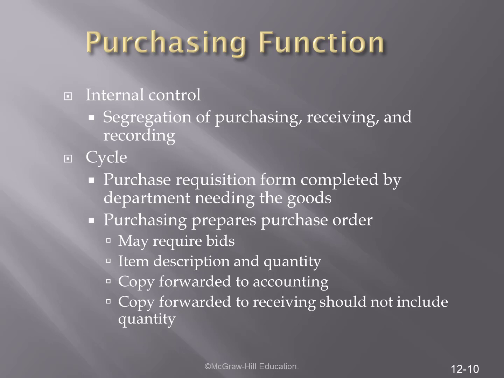be paid. You notice that there is a segregation between purchasing and receiving. The receiving department is going to receive the goods. They're going to record the receiving of these goods so that when the invoice is received, accounts payable is able to validate that yes, the item was ordered at a specific quantity, at a specific price, and that receiving has received the same quantity.